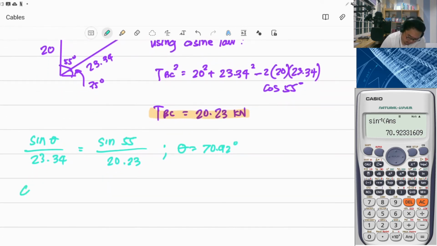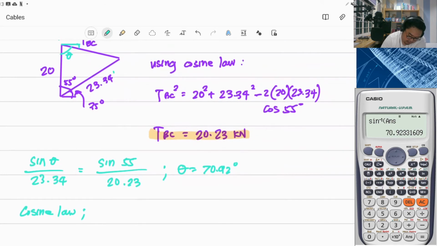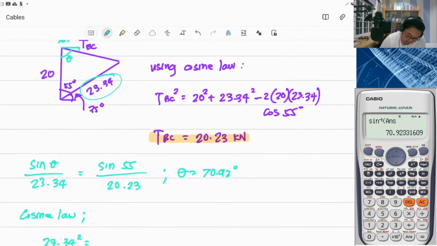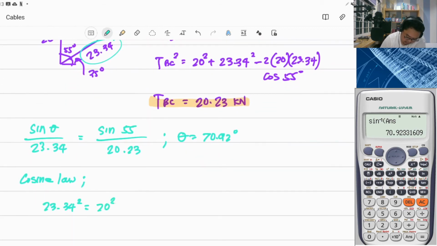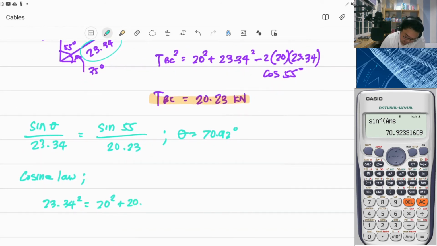So for cosine law, we can have this one, the opposite. 23.34 squared equals the two sides, 20 squared plus TBC, which is 20.23 squared, minus 2 times 20 times 20.23 cosine of theta. So we can solve theta.